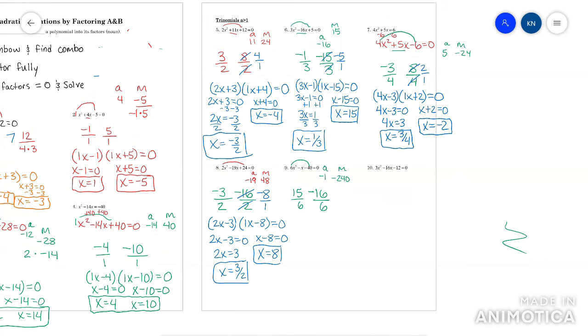Now, both of these have to be reduced. This first one, they're both divisible by 3. So you get 5 over 2 when you reduce it. The second one, they're both divisible by 2. So you get negative 8 over 3 when you reduce it. Now you're ready to write it in factored form.